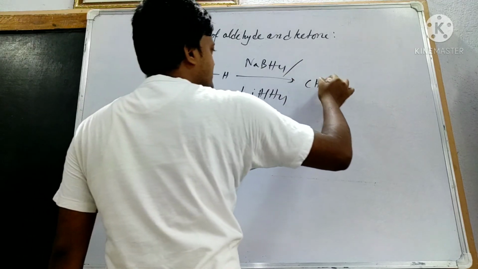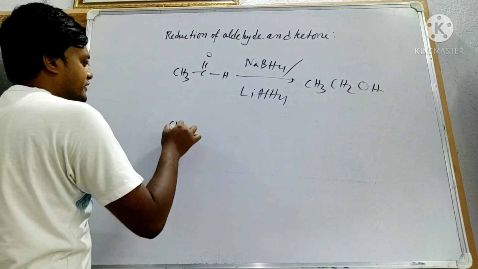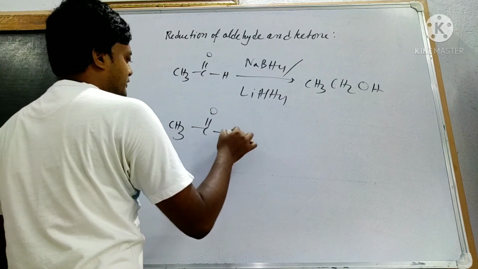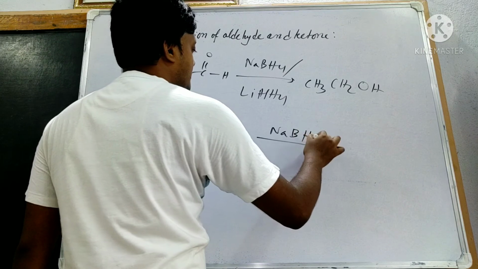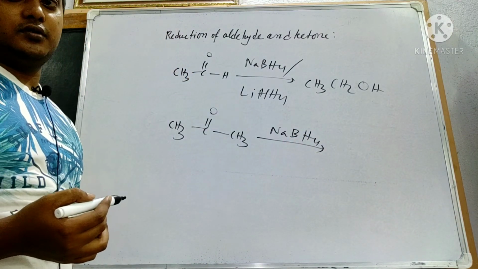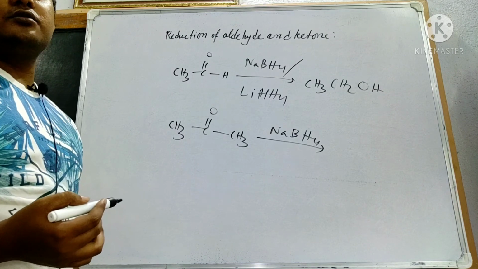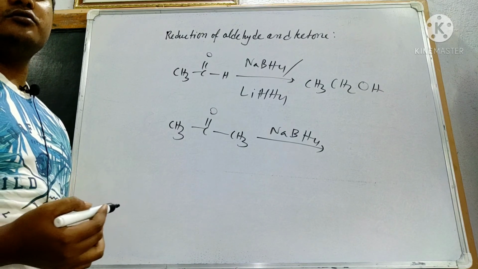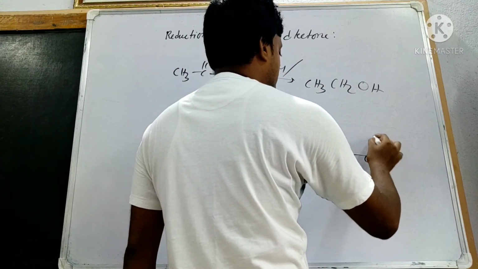NaBH4 is a mild reducing agent and lithium aluminum hydride is a strong reducing agent. But for aldehyde and ketone we can use any one of these. But to reduce ester and acid chloride we cannot use NaBH4. To reduce acid chloride and ester we have to use lithium aluminum hydride because it is a strong reducing agent.